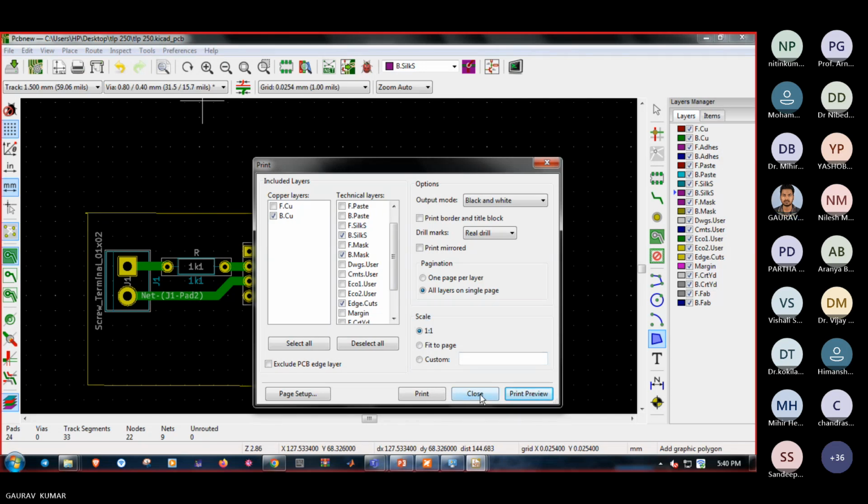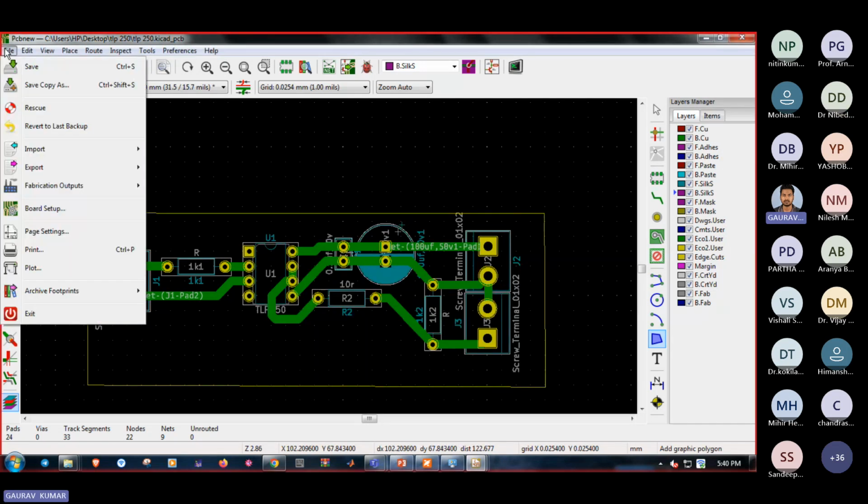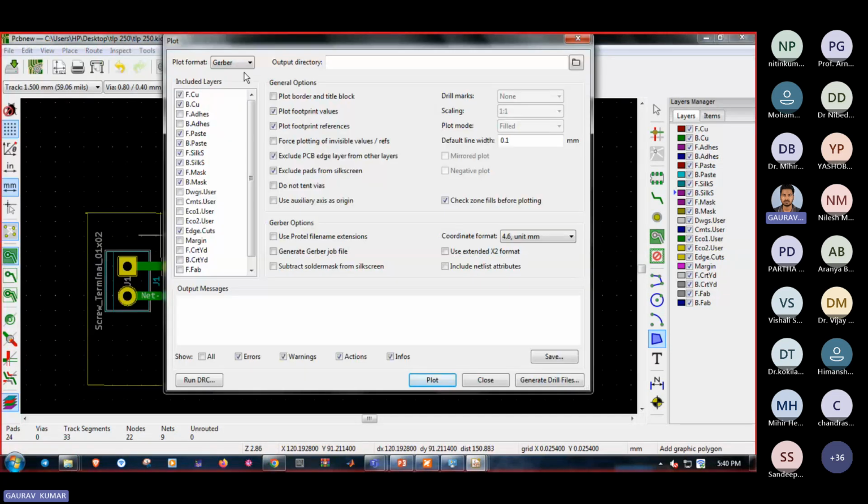If you want to go to a manufacturer to make the PCB, then you have to share some data so that they can print it and send you the PCB. So you have to go to the plot and make some Gerber files.